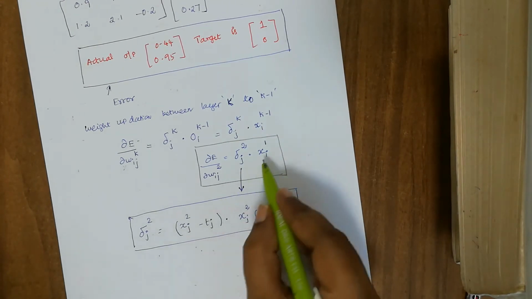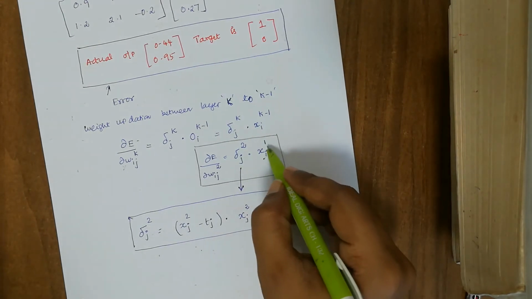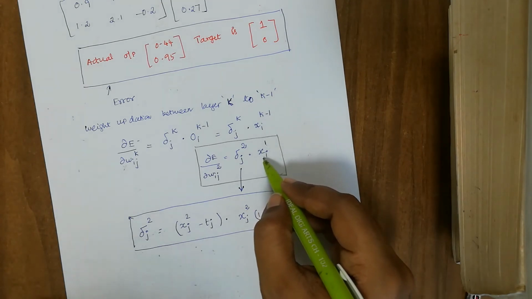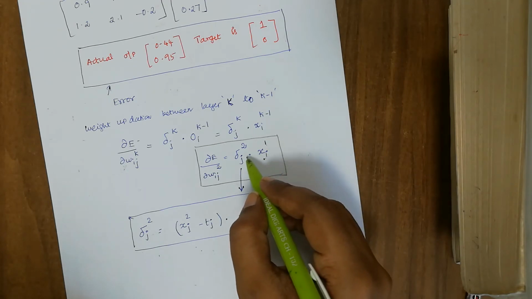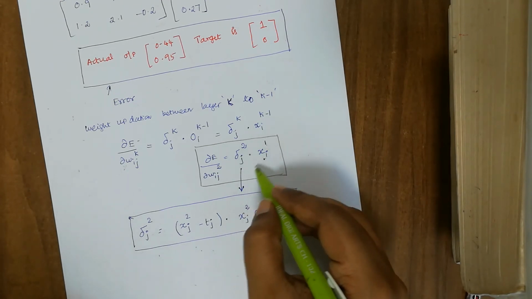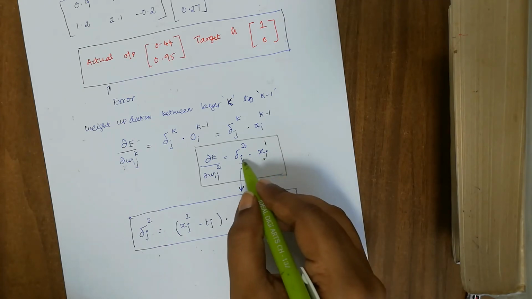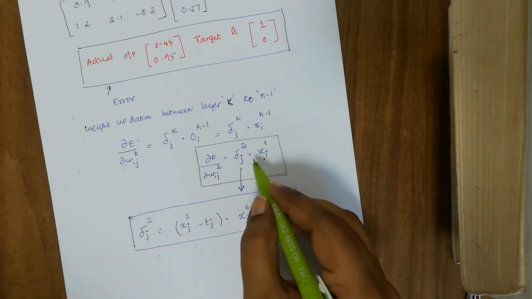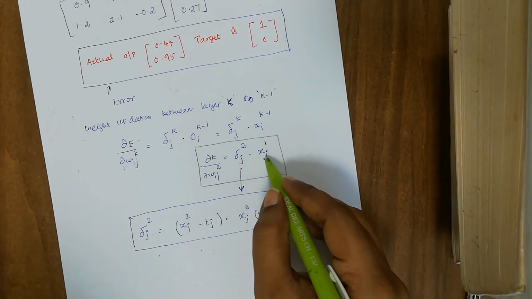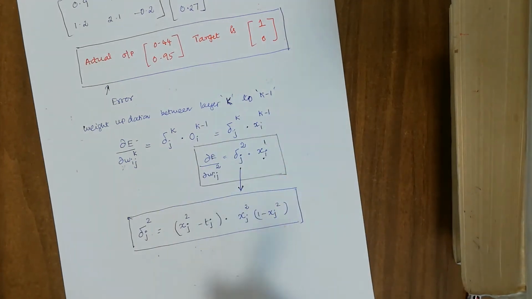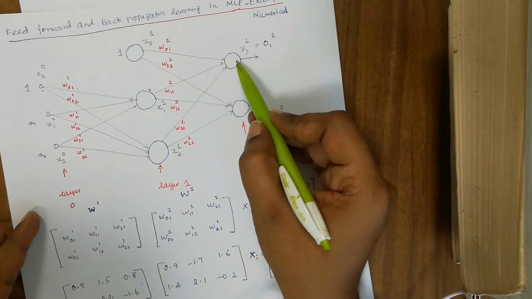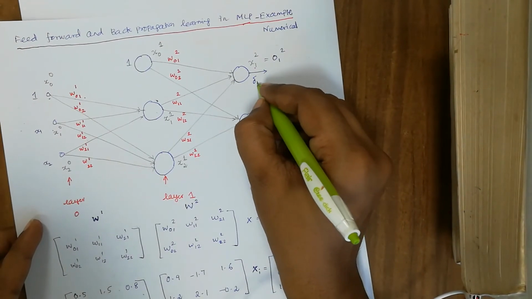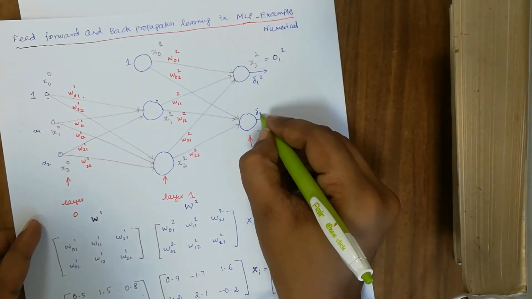After calculating this, we have to multiply it with the x_i^1 from the previous layer, the input that we obtained from the previous layer, since the contribution of the error has come from x_i^1. First let us calculate this delta_1^2. How many deltas should we have? This should be delta_1^2 and then delta_2^2.